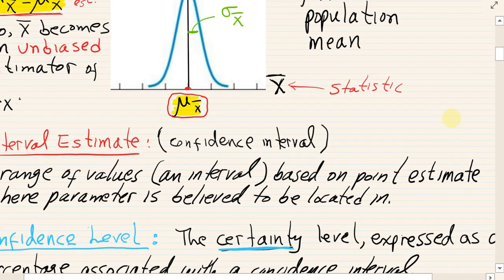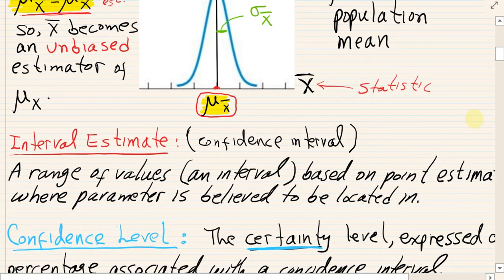Now, that's a single value. The other form of estimation is interval estimates. With interval estimation, the idea is to try to capture the population parameter inside an interval rather than guess with a single number.